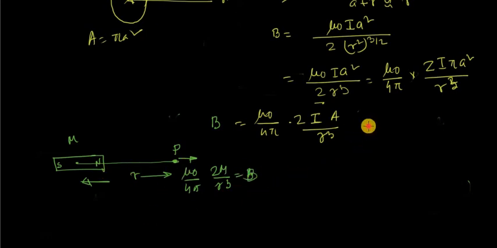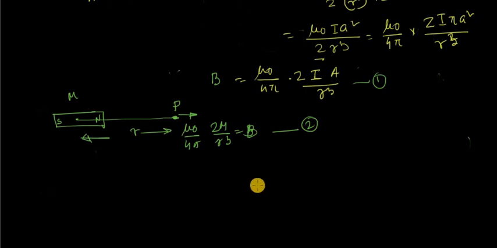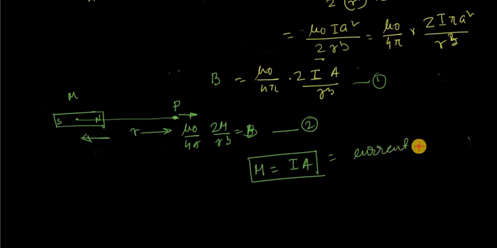So comparing this equation with the one we derived earlier, M is nothing but I into A. So the magnetic dipole moment of a closed loop carrying current I is current into area, and hence it is proved.